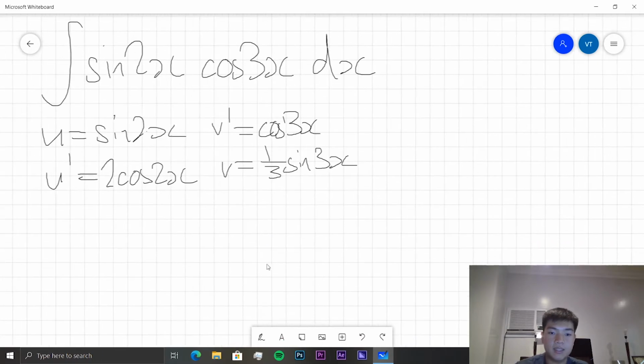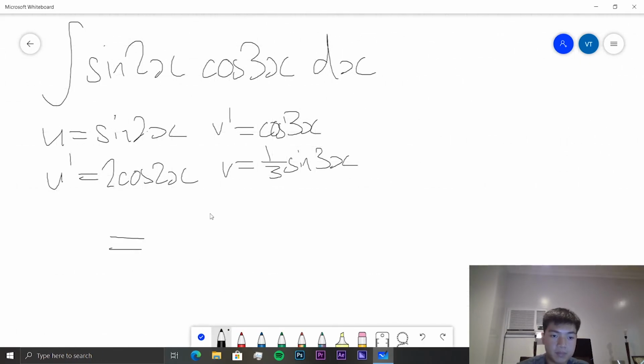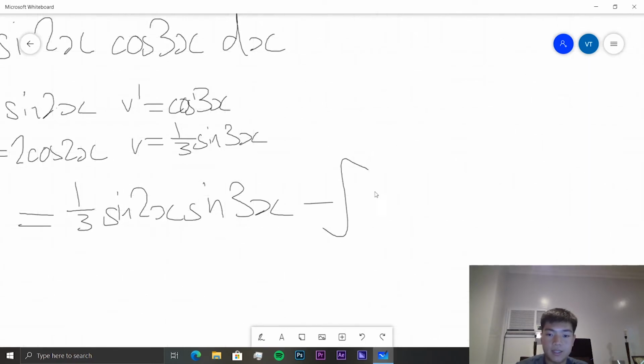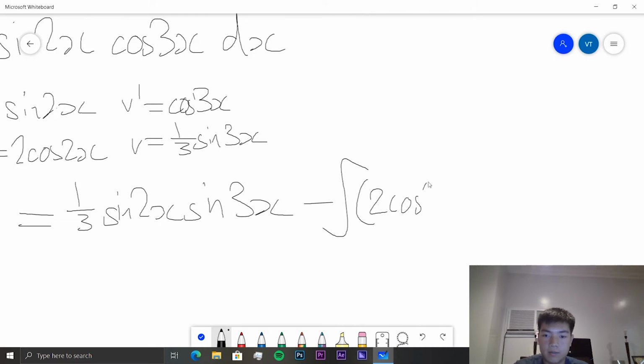So we get that this is equal to 1/3 times sine 2x times sine 3x minus the integral of 2 cosine 2x, so it's 2/3 cosine 2x, times sine 3x.